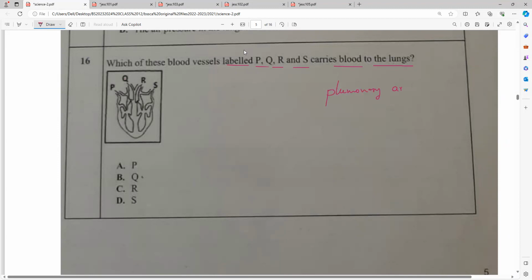Artery or vein? From the heart to the lungs, who will carry the blood? Pulmonary artery. So in this PQRS, which is the pulmonary artery?